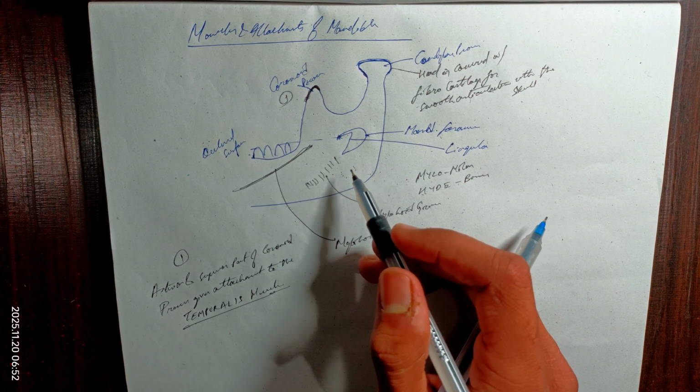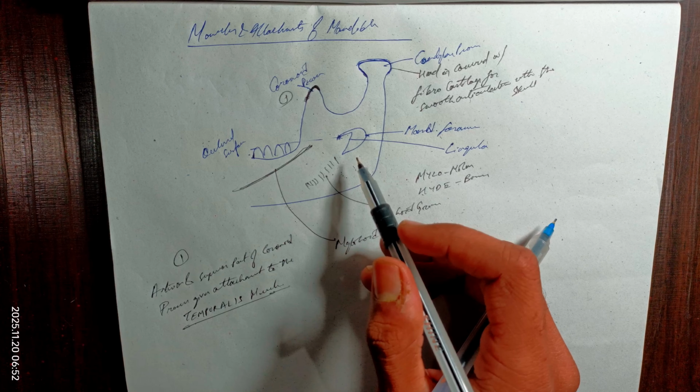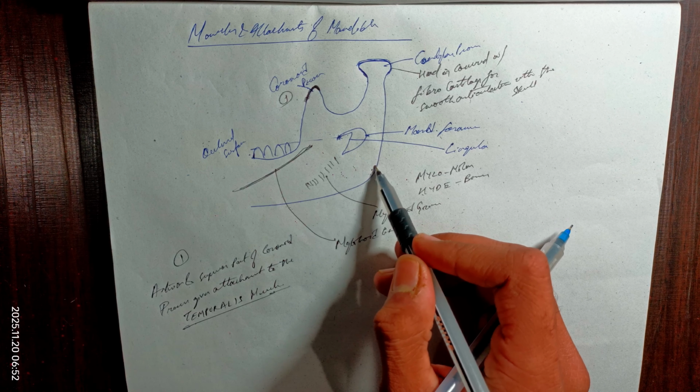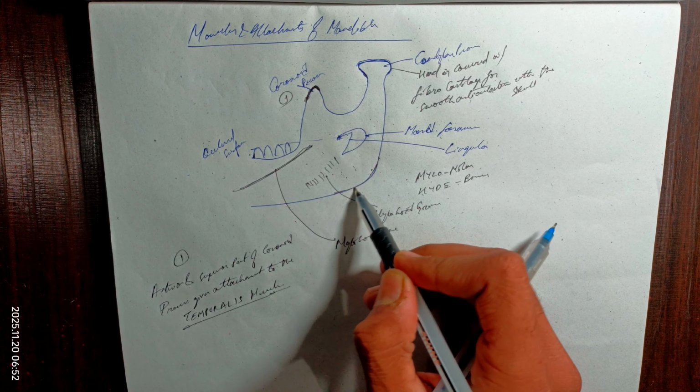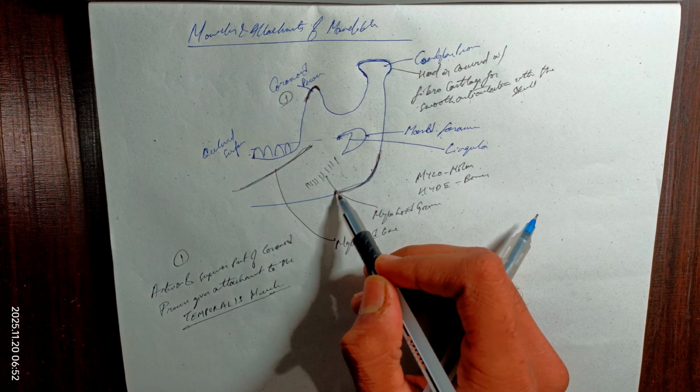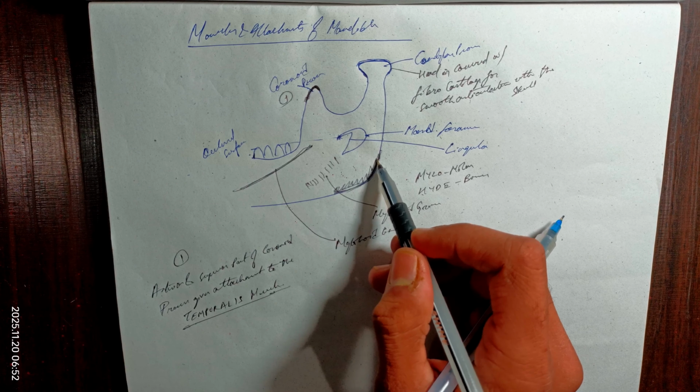Now next, the inner portion of the angle of the mandible. This is the angle of the mandible. This has rough grooves.